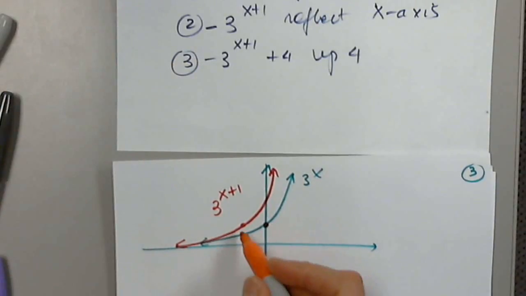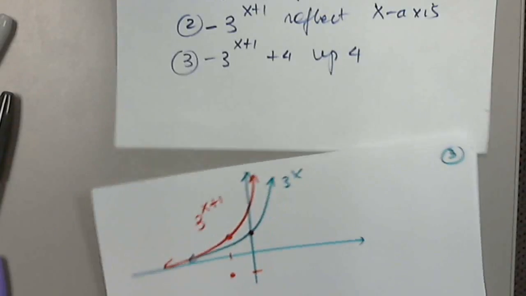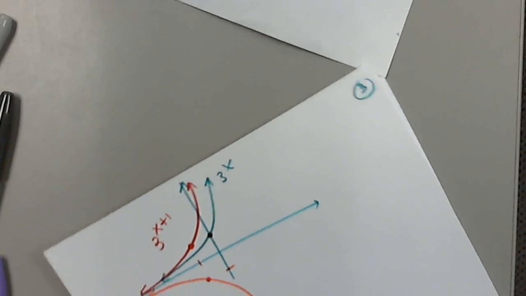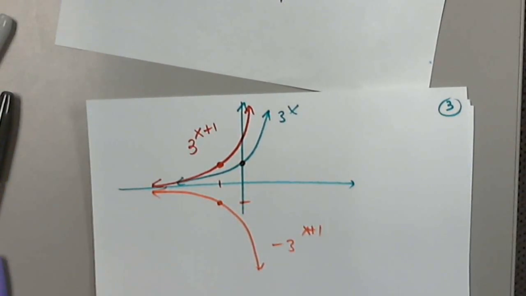Good. So I'm reflecting. My marker is here now. Where does it go? Negative 1, negative 1. Exactly. So that is our negative 3 raised to x plus 1.